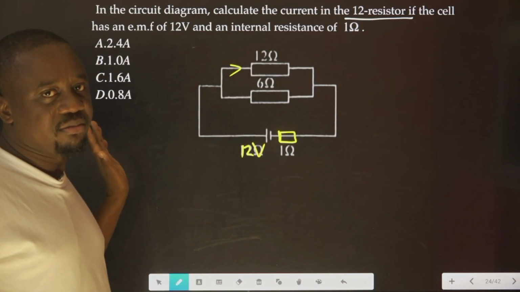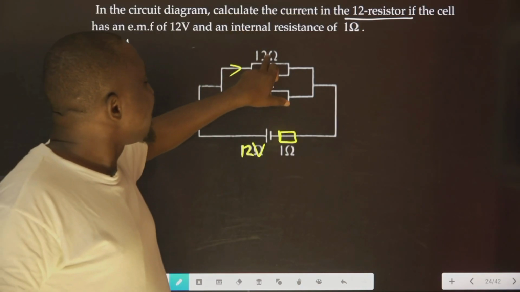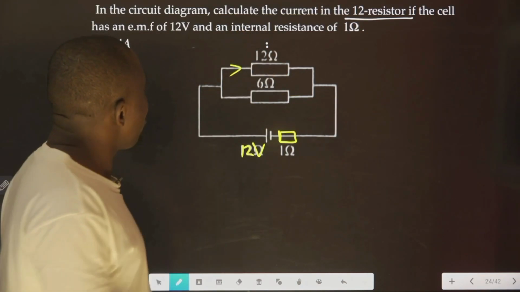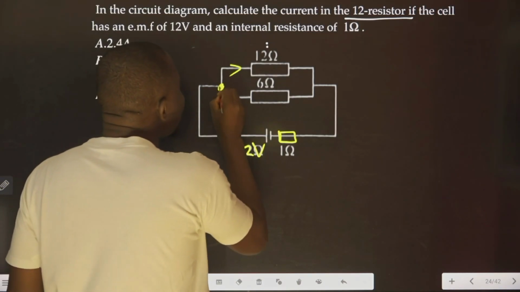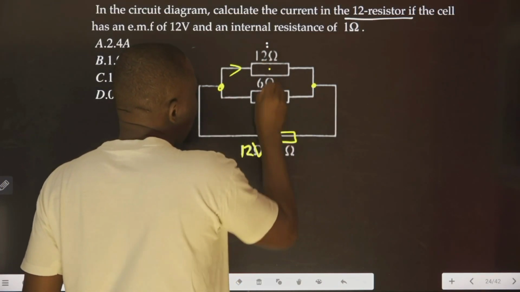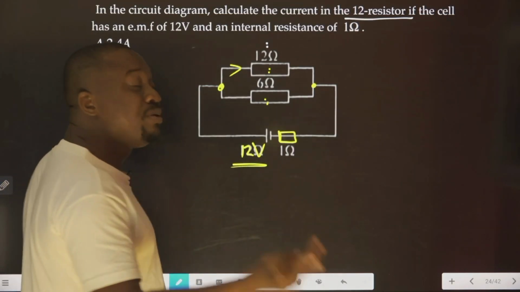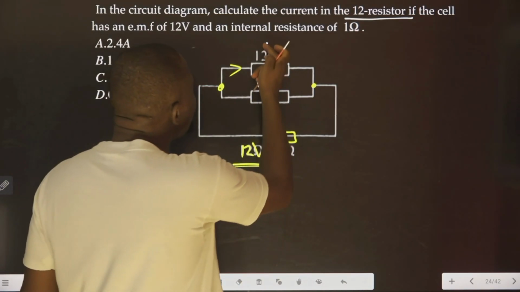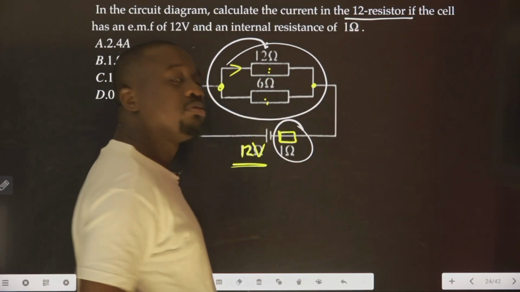That is it. So if you want to get the current that goes through here, you need to know the voltage. And the voltage of these two are equal. So this entire voltage is being shared by two groups: this group, which have their voltage equal, and this particular one.